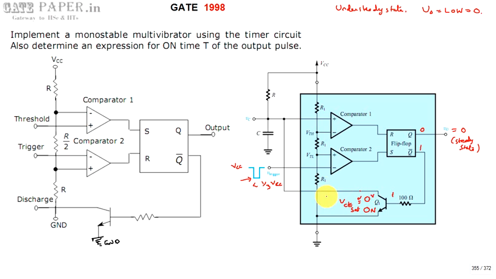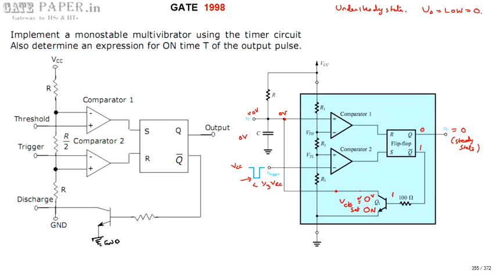Simply, the collector and emitter are shorted, connected to ground. So the voltage at this point is also 0 whenever Q1 is on. That voltage is connected across the capacitor, so the capacitor stores 0 volts. So VC is 0 volts under steady state.